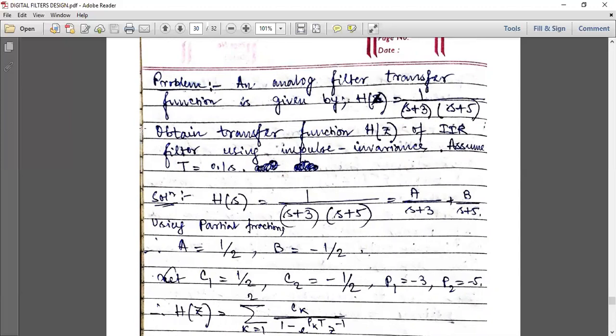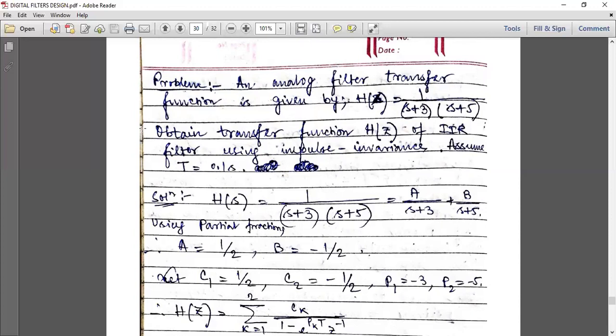Our first work in this case will be to split H(s) using the partial fraction expansion method. H(s) equal to 1 by (s plus 3)(s plus 5), which is equal to A by (s plus 3) plus B by (s plus 5). Clear? Now using partial fractions, A comes half, B comes minus half.